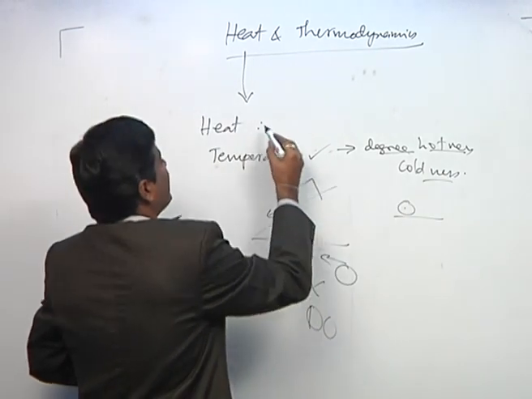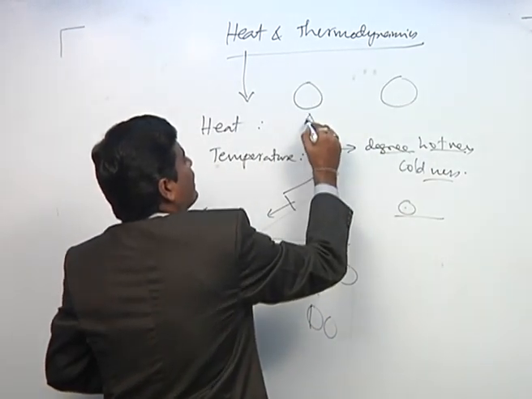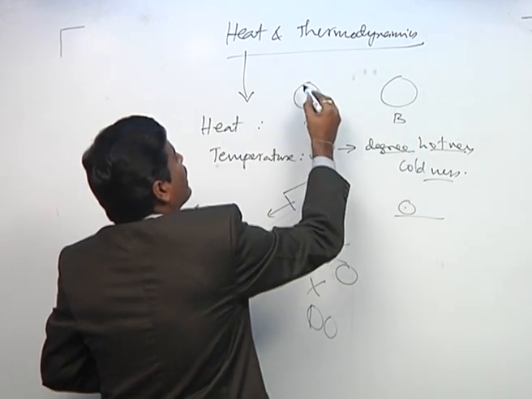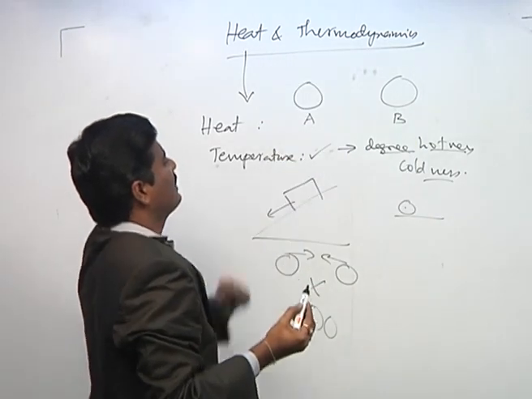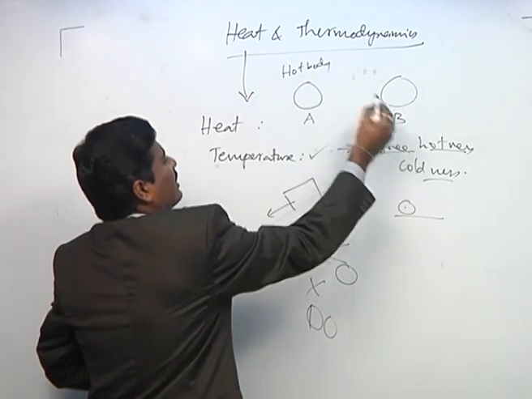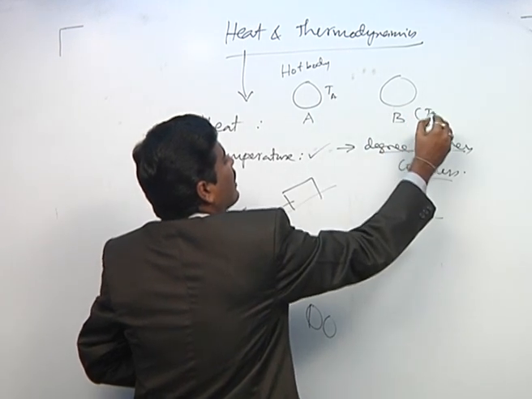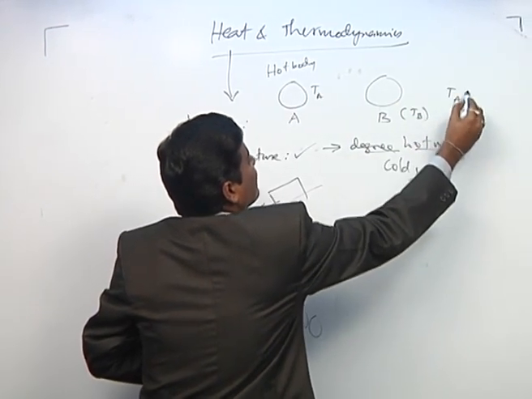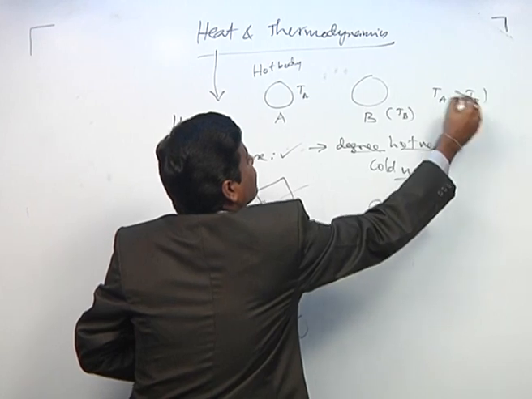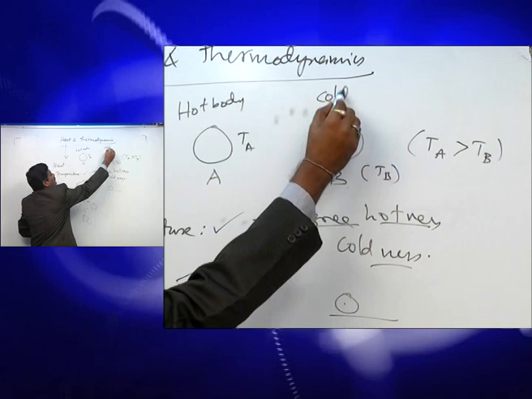Let this be body A and this be body B. Whichever has the higher temperature, we consider the hot body. Let the temperature of A be TA and of B be TB. Our assumption is TA is greater than TB. So A is considered the hot body and B the cold body.